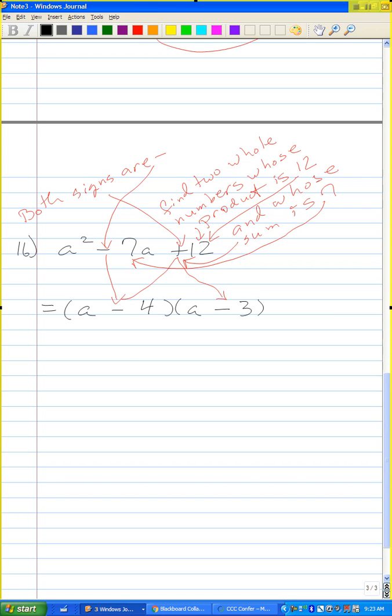And I'll put the factor with larger absolute value in the very first spot. So the 4.